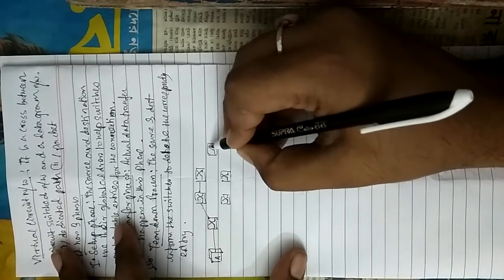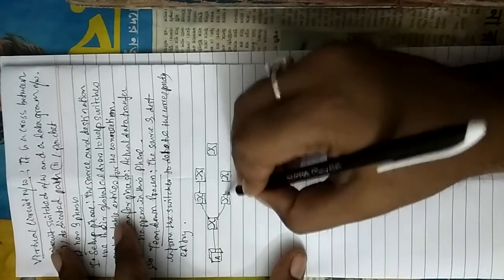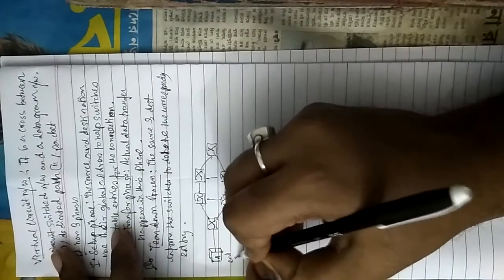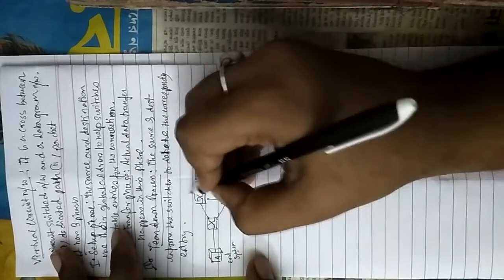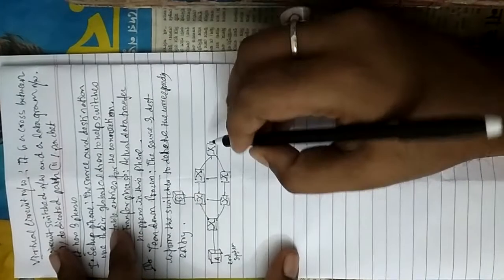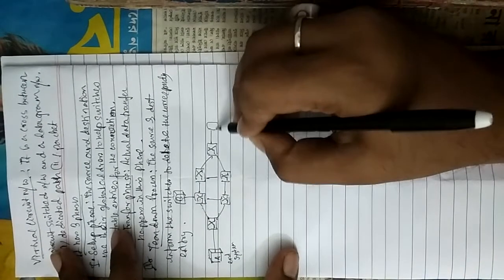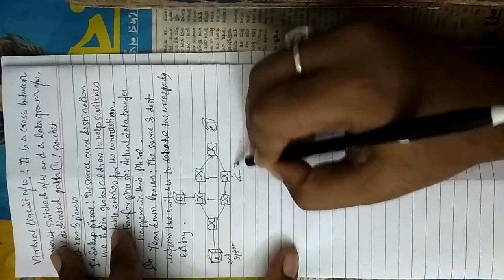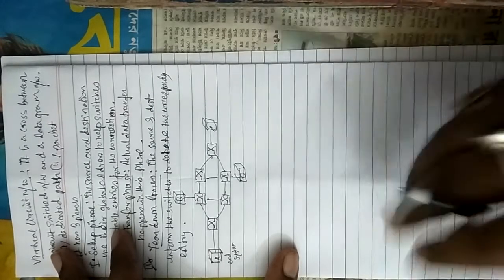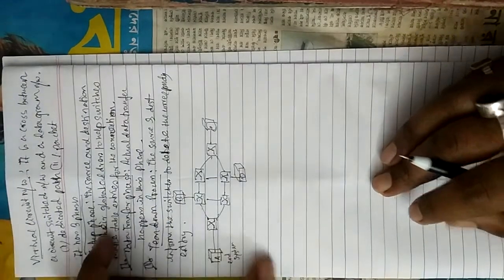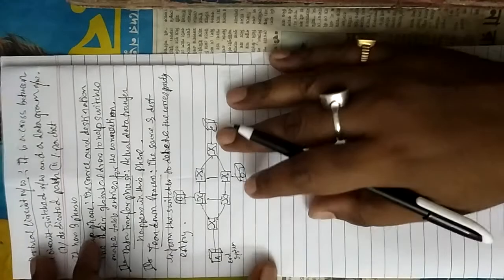It is connected in this fashion. This is one end system, another end system is B, another end system is C, another is D. So basically this is the diagram of the virtual network.